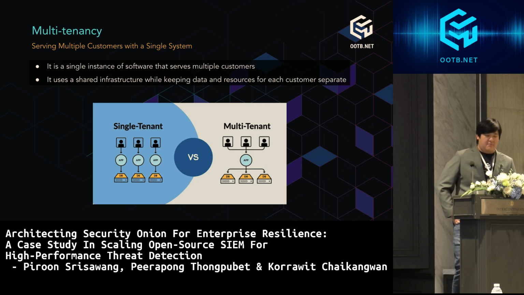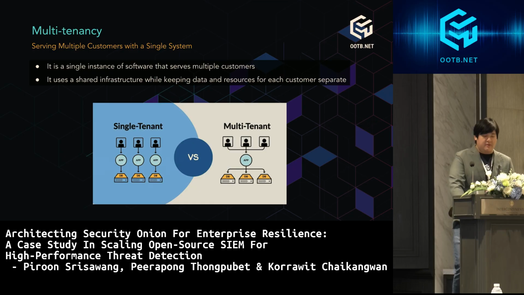Multi-tenancy. Multi-tenancy is the concept of having a single instance of software that can securely serve multiple customers. What this means is, instead of deploying one SIEM per customer or per department, we can have a shared infrastructure where resources are reused, but data remains completely isolated.